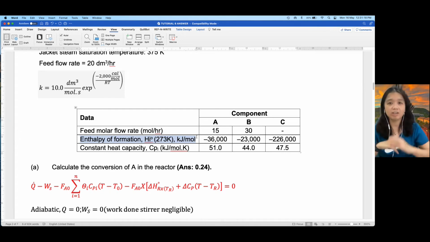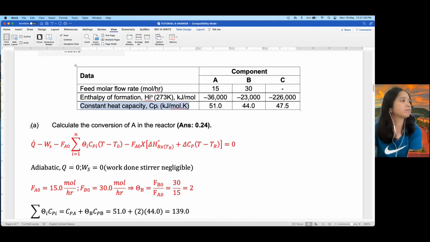You can calculate it, which is why they give us the heat of formation. Next, we are given Cp: the Cp of A, Cp of B, Cp of C. Naturally, we use these to calculate delta Cp. All right, so done. Let us go to the question.